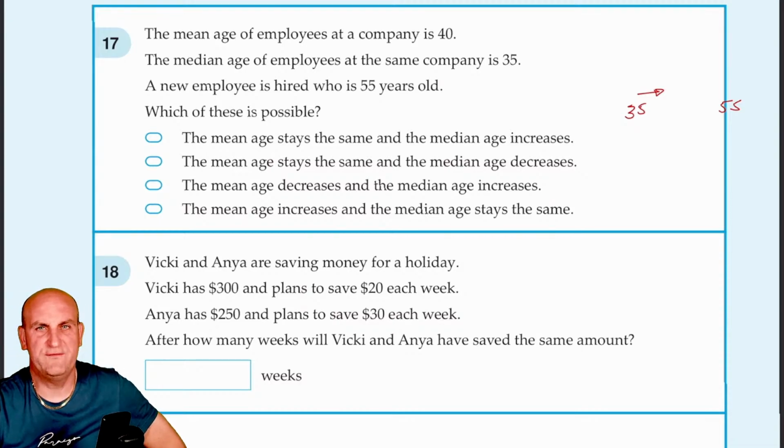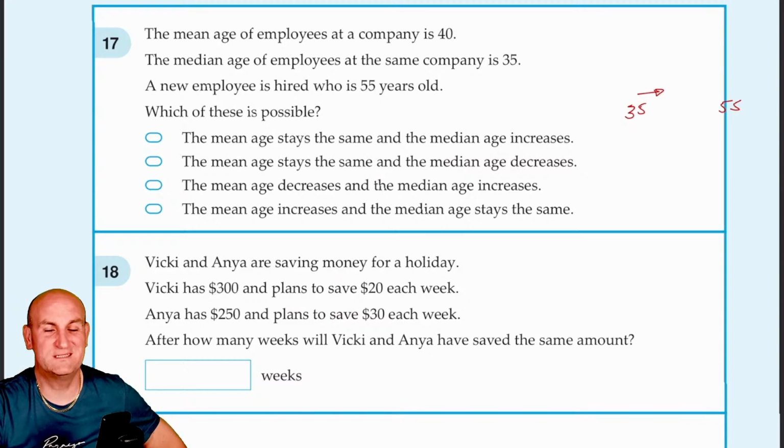Right, the median age is definitely going to increase. The mean age stays the same. All right, maybe, I suppose. The mean age stays the same and the median age decreases. That can't be right, so I'm going to cross that one off. The mean age decreases.